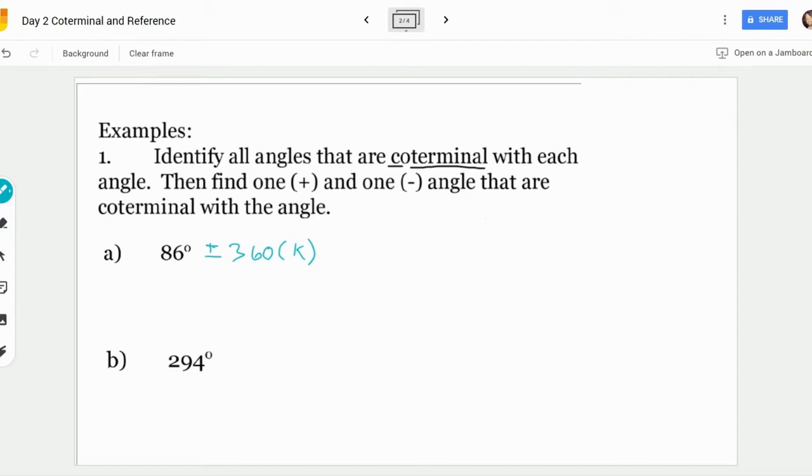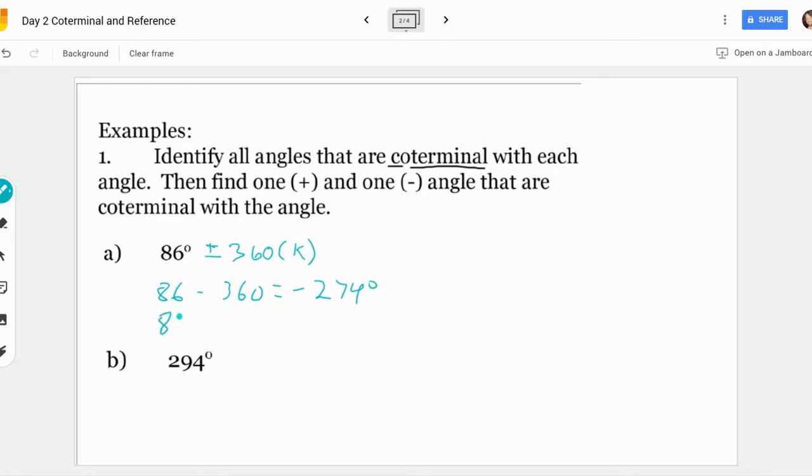So for the sake of argument, I'm just going to plug in 1. If you just plug in 1, it's just like you're adding 360 or subtracting 360. So 86 minus 360, if I subtracted, is negative 274, and that is coterminal.